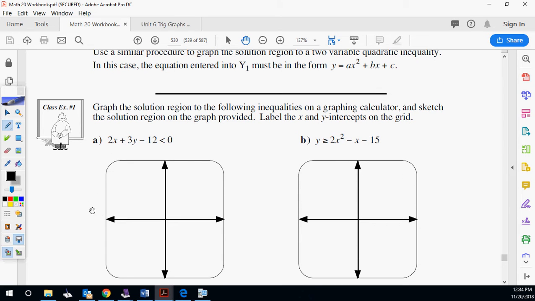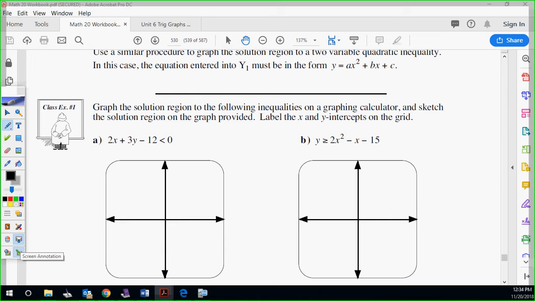Okay, last piece here. We're going to do 2x plus 3y. With both of these, this one has y by itself already, so that's good. We're going to get y by itself on this one. 3y is less than negative 2x plus 12.